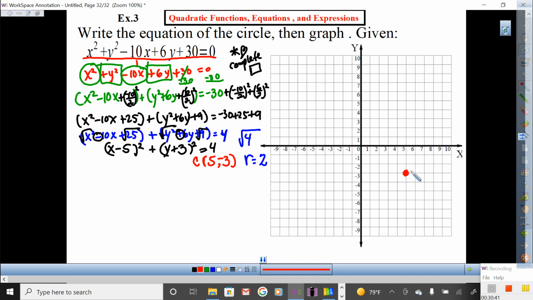According to the definition, a circle is formed by what? Tell your neighbor. By points that are what? Equidistant. Do we know that distance? Which is what? 2. So we're going to plot points 2 steps away, all directions.